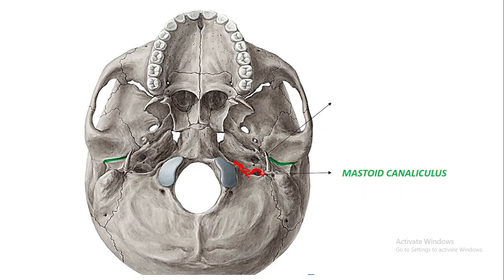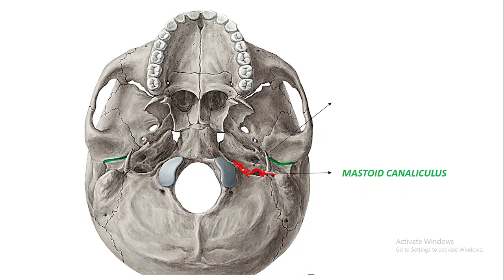At the lateral end of this jugular fossa, there is a canaliculus, which is called the mastoid canaliculus. The mastoid canaliculus contains the auricular branch of the vagus nerve.